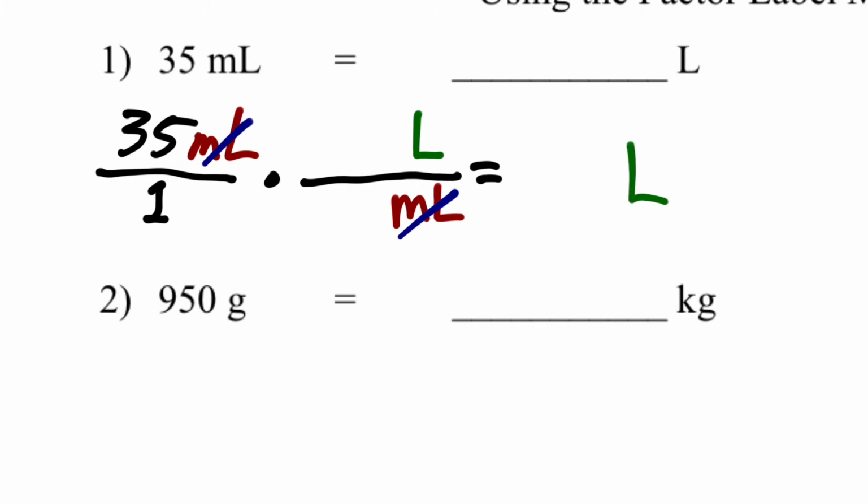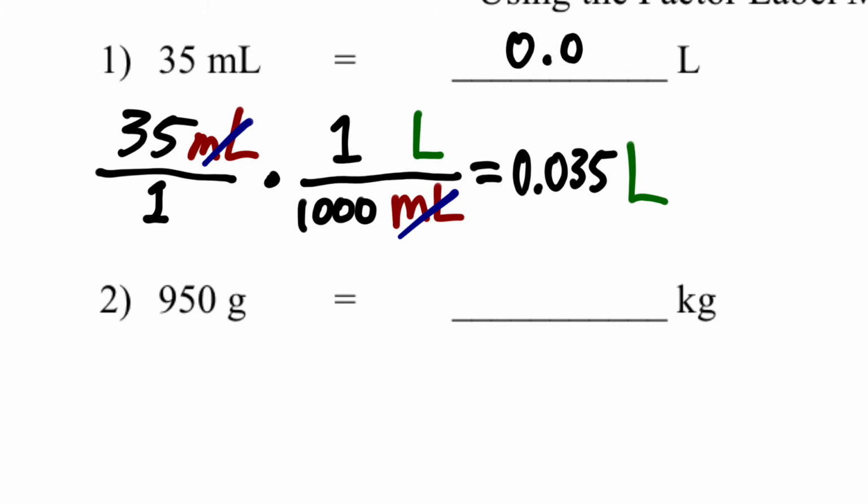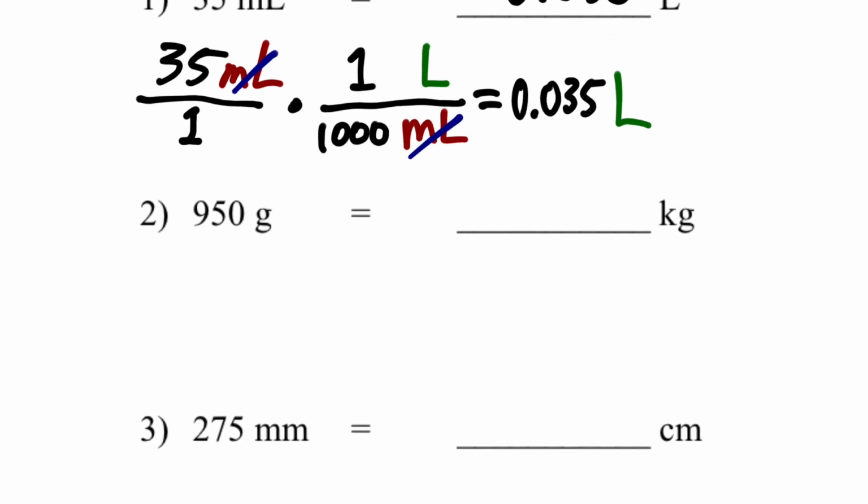It should be 1,000 milliliter to 1 liter, and that is the relationship, because milli means 1,000th. So it's just 35 divided by 1,000, which will be about 0.035 liters. And that is how you should be able to proceed to the next part.